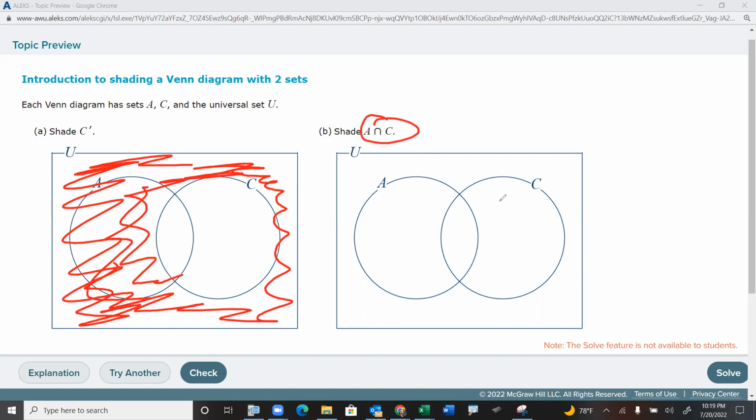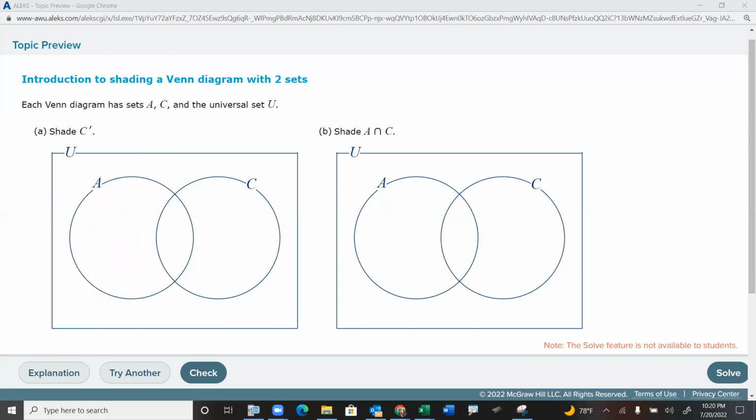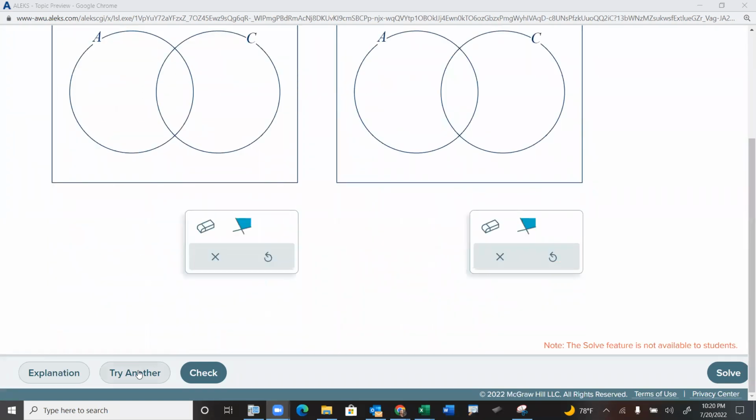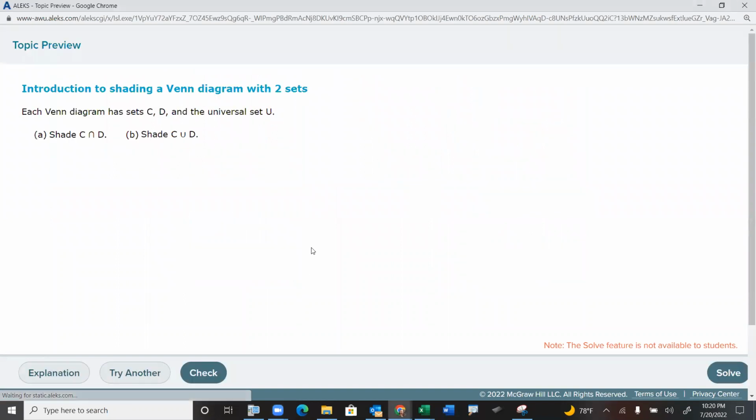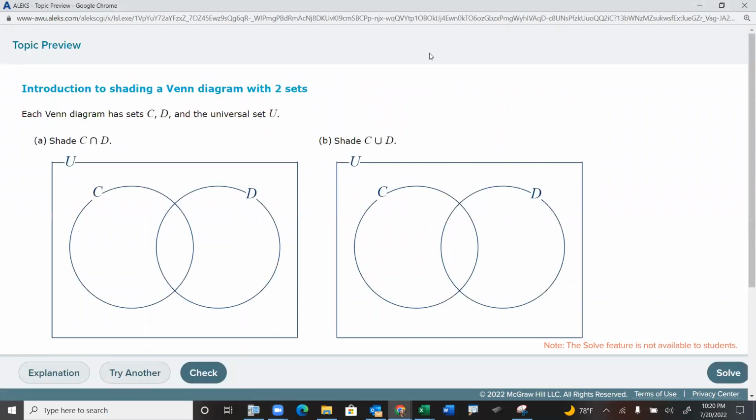Now, what about A intersects C? This is the intersection symbol. It's kind of like and, which means where they overlap. So there, I've got them shaded correctly. What about if we want to try another? We've got C intersect D, where they overlap.